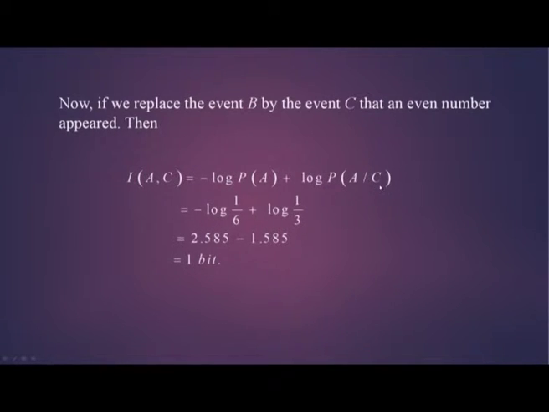If it is given that even number has occurred, that means there are only 3 possibilities, 2, 4 and 6. In that case 4 will occur with probability 1/3. So, this will become log 1/3. So, we will get 2.585 minus 1.585, which is 1 bit.